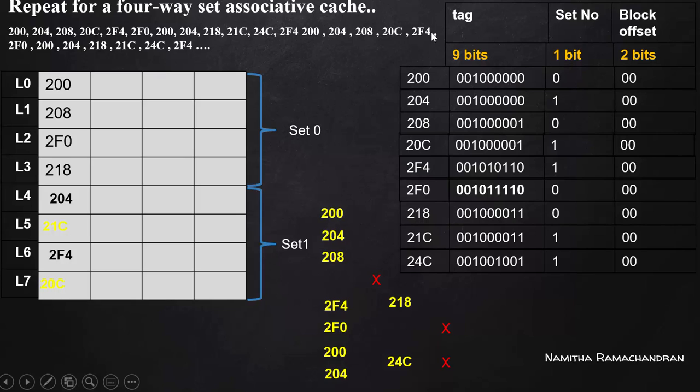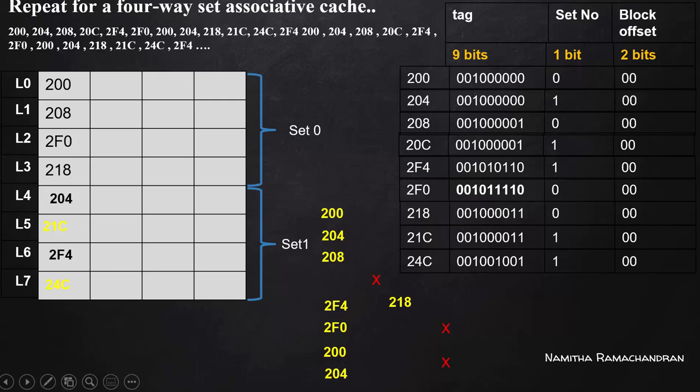Next, 2F4 is used recently. So it is clear that 20C is the least recently used address in set 1 now. So we can replace the word containing 20C, move it back into memory, and make room here for holding the word that contains the byte address 24C. This is again a case of cache miss.